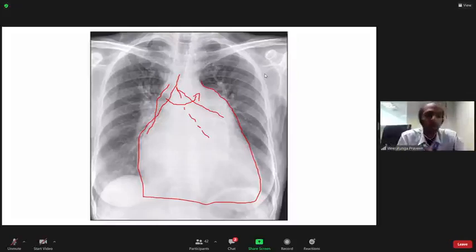You can see these sort of bronchi moving apart or splaying, and that is due to, so the left heart border and the splaying of the bronchi are due to enlargement of the left atrium. So they are due to enlargement of the left atrium, right? Left atrium, enlargement of the left atrium.